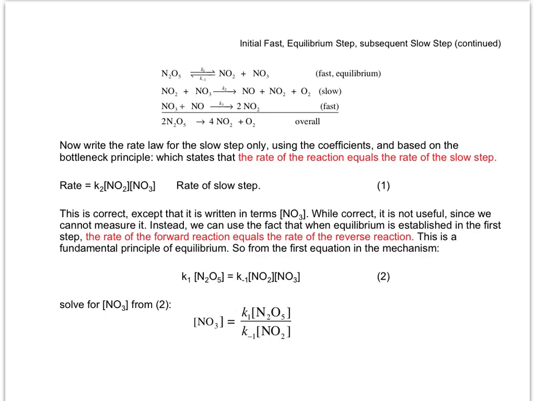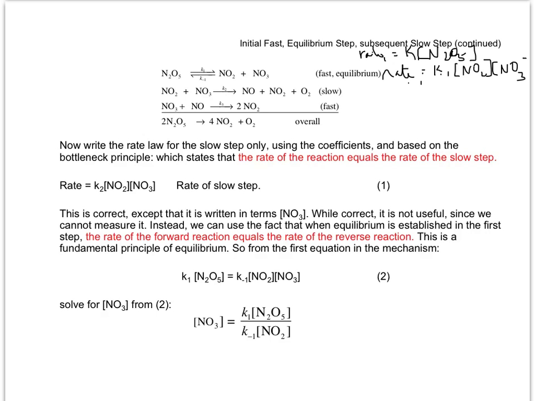That might look a little confusing when you first look at it, but you could, in principle, take this first double-headed arrow reaction apart, and you could say rate 1 is equal to k1 times [N2O5], and the reverse reaction, rate minus 1, would be k minus 1 times [NO2] times [NO3].